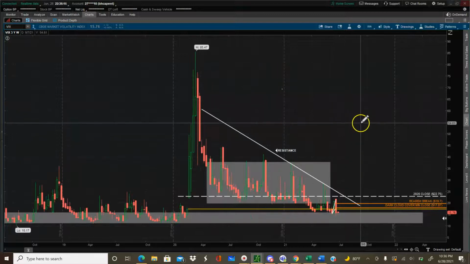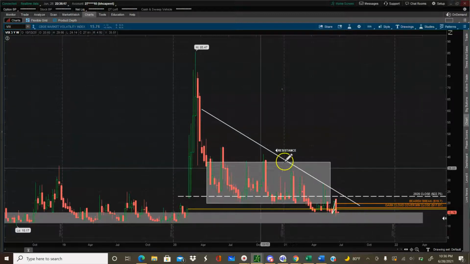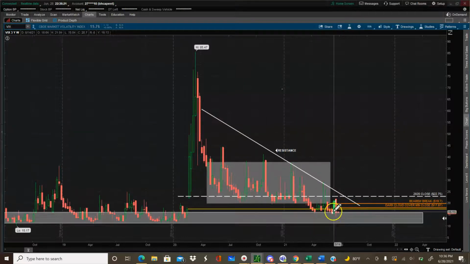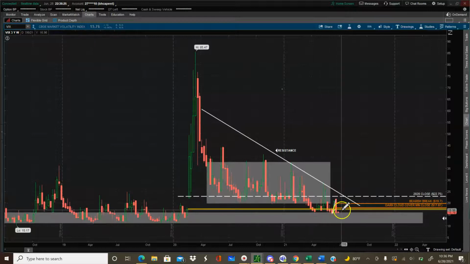Okay, so on the weekly chart, definitely seeing lower highs. It definitely appears to be kind of leveling out here over the past several weeks. So maybe we get some resolution, maybe VIX has a change of heart sometime this summer, maybe going into late summer, who knows?